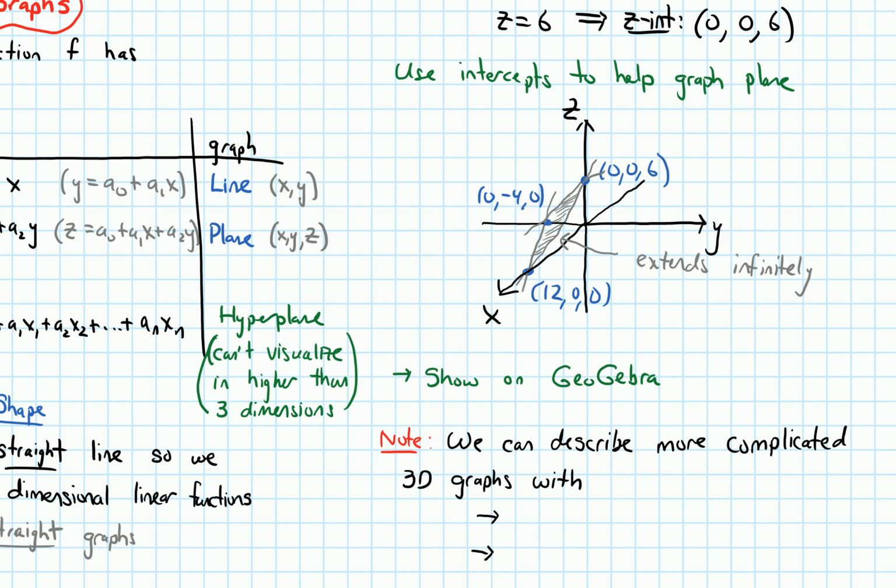We can describe those more complicated 3D graphs with what are called level curves and slices, which I'll also refer to as cross sections. So we will talk about these in the next video.